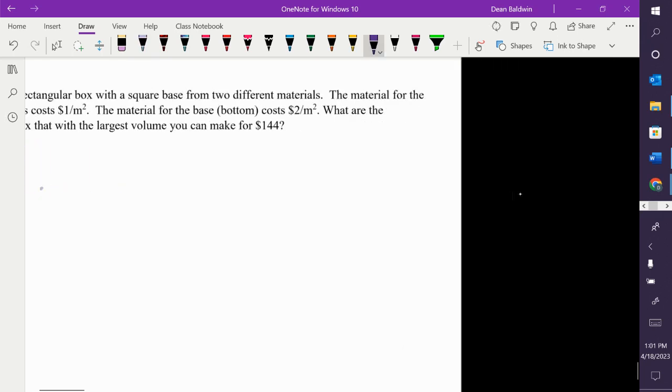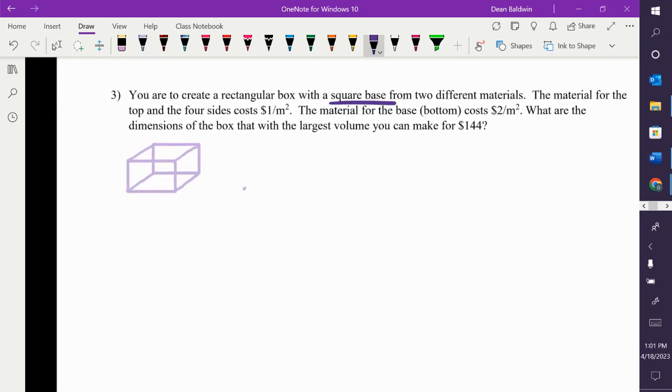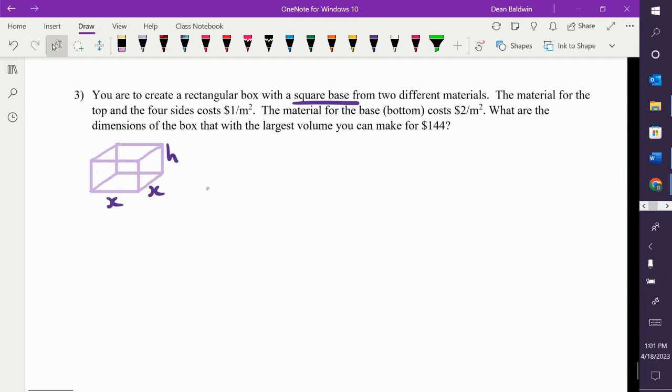Where does it say square base? So I'm going to call it x. The height we don't know. This time we have a cost limitation. We're only given $144.